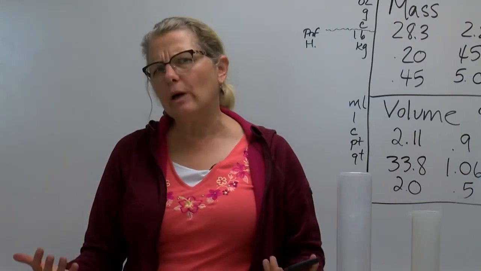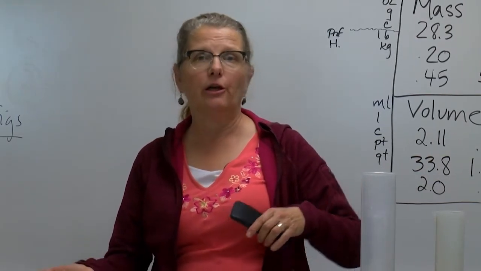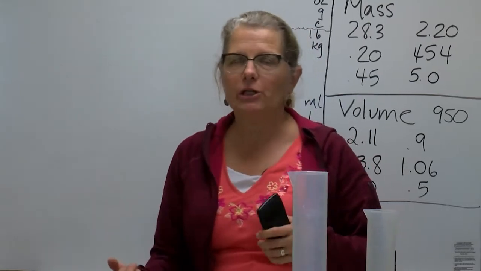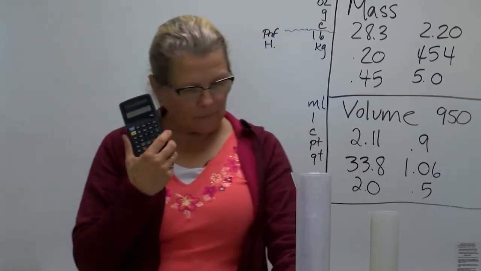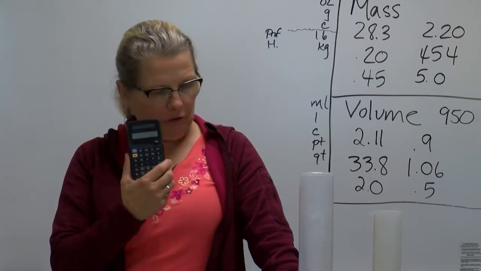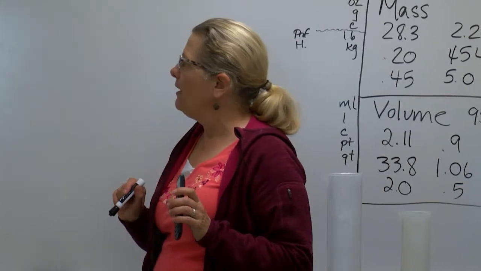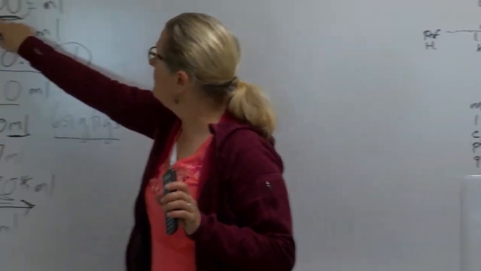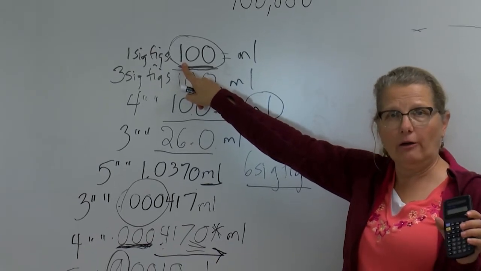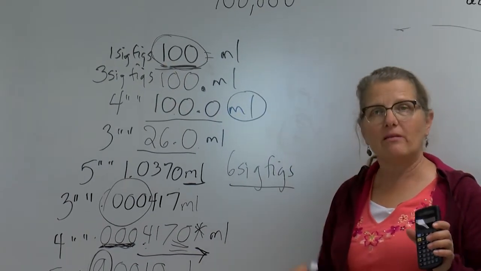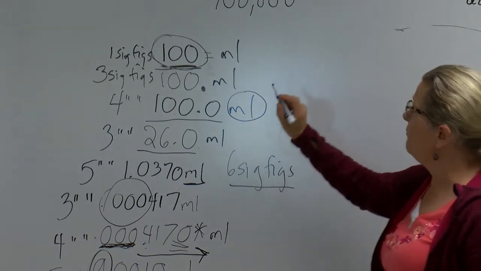So when in your quizzes, you're going to be asked to put numbers in scientific notation or put answers in scientific notation. I'll just show you on the calculator. So what you need to do, first of all, is figure out how many significant figures the number has. This number only has 1 significant figure. When you would write this in scientific notation, your answer is going to have 1 significant figure.